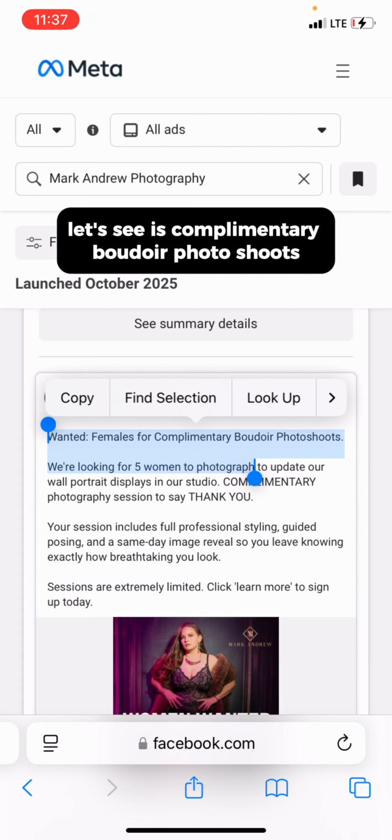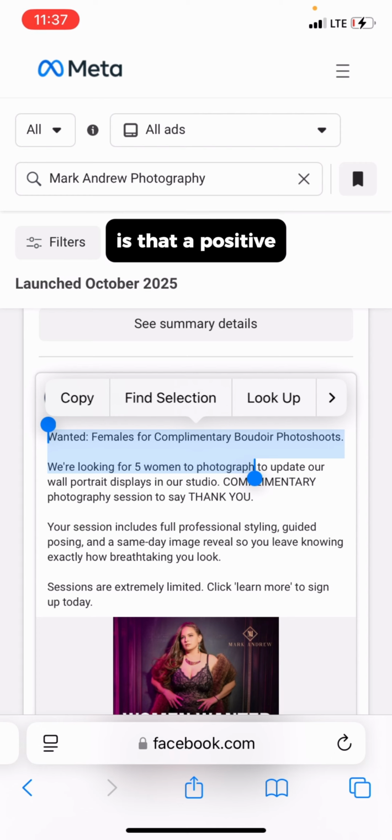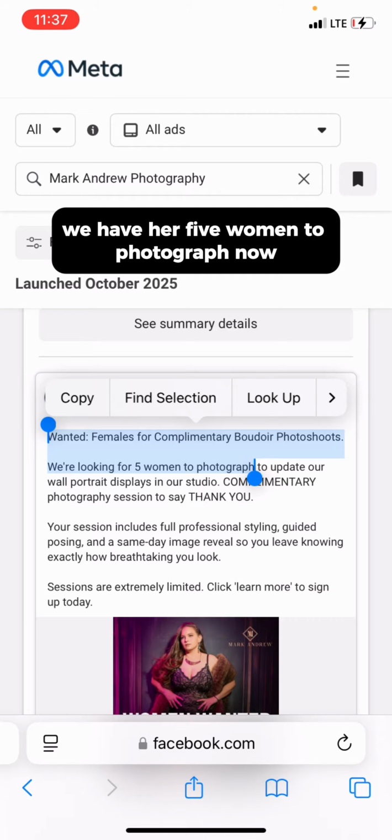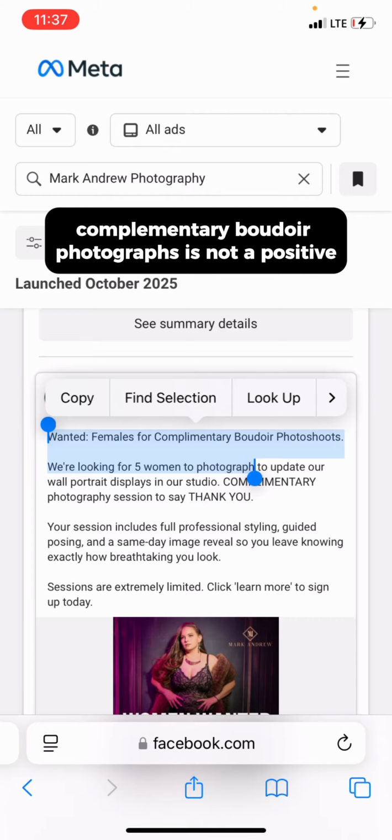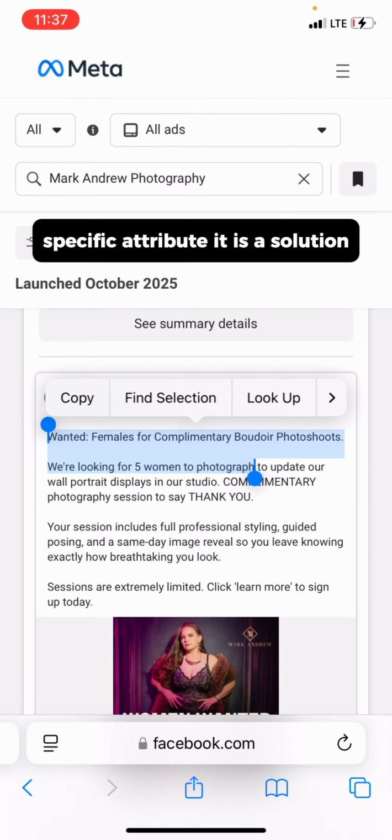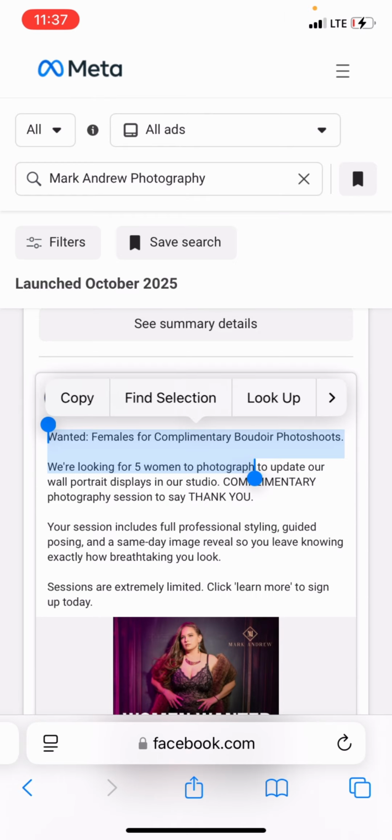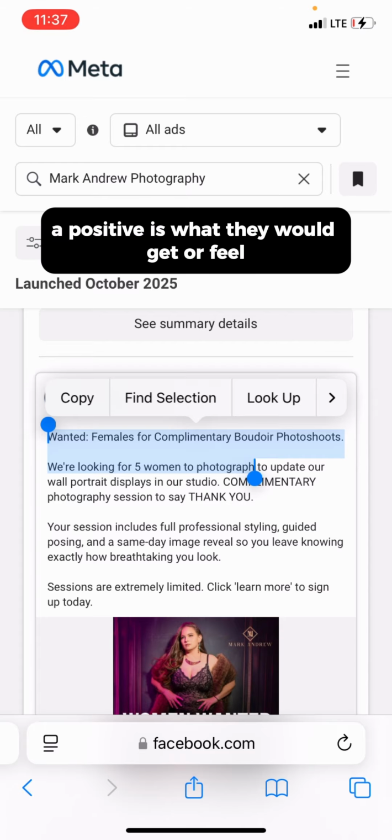Let's see, is "complimentary boudoir photo shoots, looking for 5 women to photograph" a positive? No, complimentary boudoir photo shoots is not a positive specific attribute. It is a solution. A positive is what they would get or feel or gain from having a boudoir photo shoot.